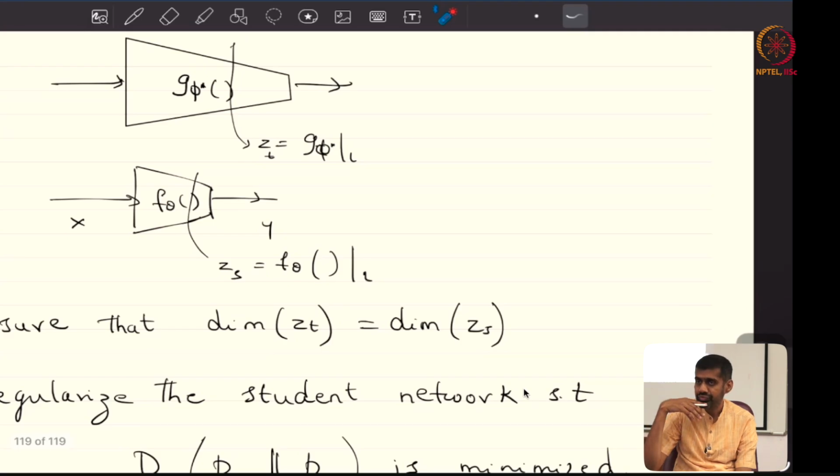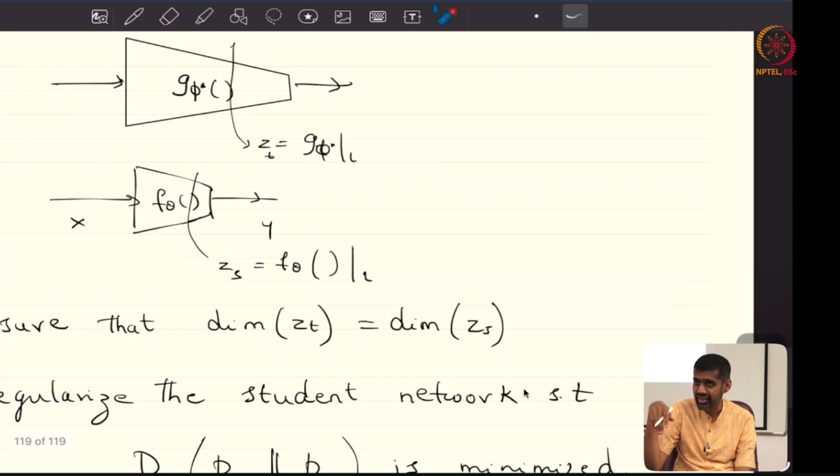Typically, distillation is done at the layer of logits, which is pre-softmax. When you are solving a classification task, there's one layer after which you put a softmax to make it bounded between 0 and 1. The layer just before the softmax is called logits. In the community, you distill the logits in most cases, but there's no restriction.